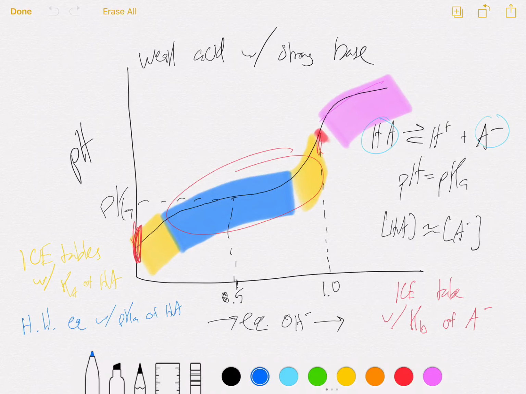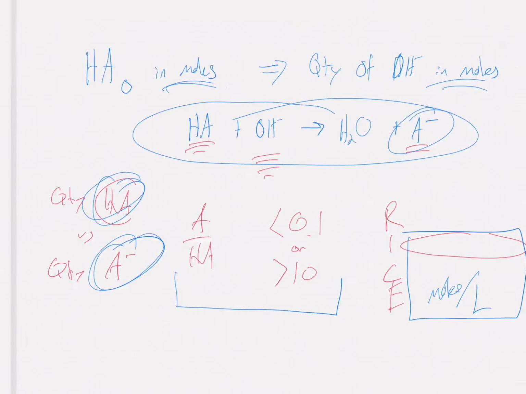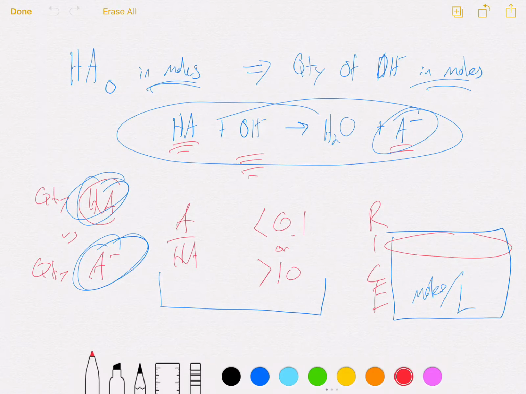Whatever the concentration of weak acid you started with, say it was 100 millimolar, as you add titrant to it, 2 mL, 10 mL, whatever volume you add, you're inherently diluting that. So in order to calculate it accurately, you need to make sure your concentrations here are in moles per liter and not in moles.